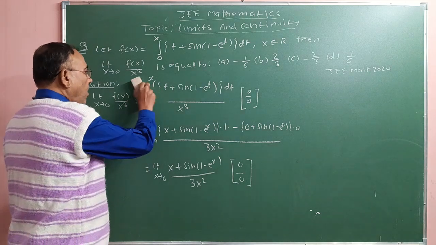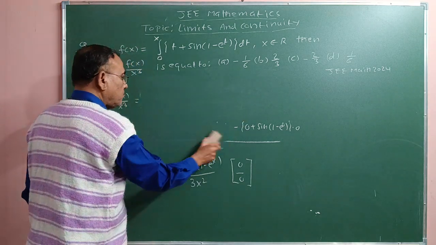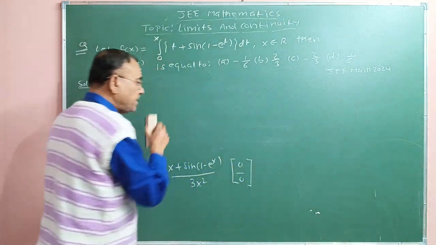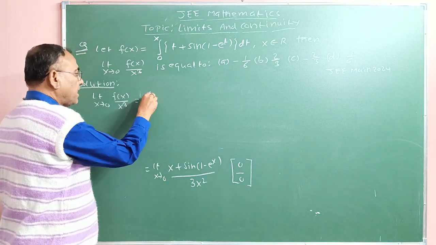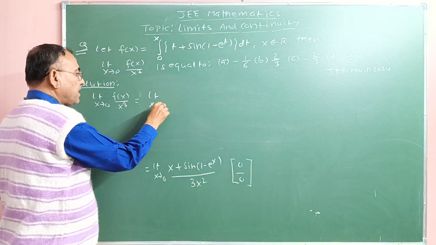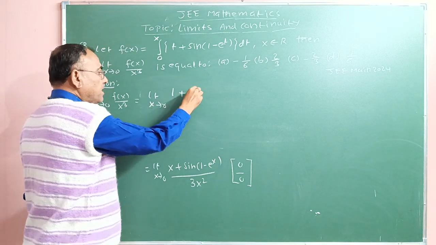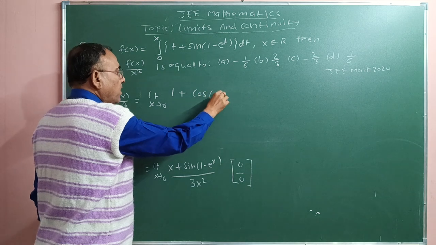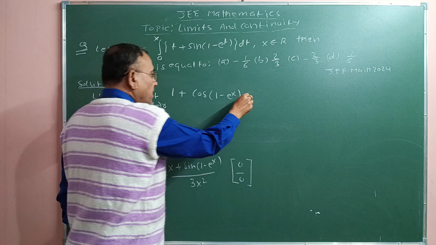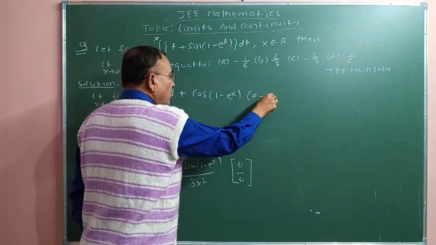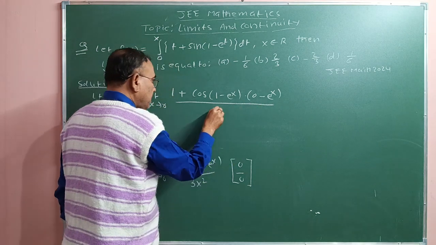So again differentiating numerator and denominator with respect to x separately. The limit x tends to 0 of 1 plus cos(1 minus e^x), using chain rule, derivative of sin is cos, into derivative of 1 minus e^x which is minus e^x, upon 6x.